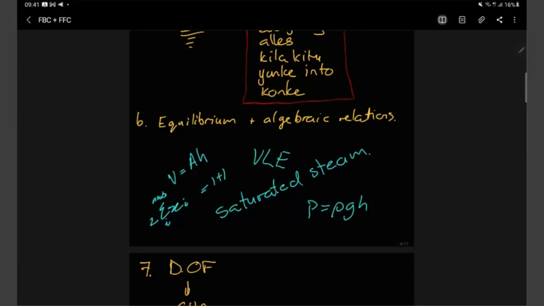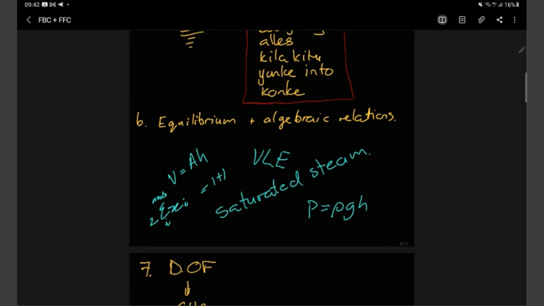No one? Are all of them appropriate? Andre, that is unfortunately incorrect. The 2 times sum of xi equals 1 plus 1 does make a lot of sense. Marinique, you're correct. Saturated steam, that is the correct one. And no, I'm lying again.